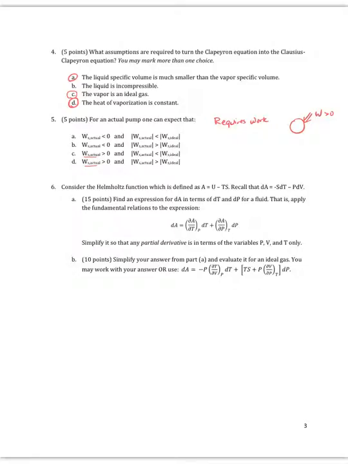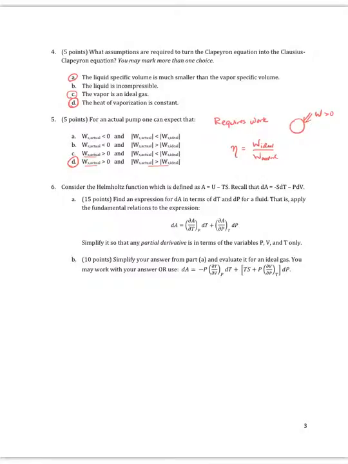Now, the second law tells us that reality is always going to be worse, right? And if I have to pay for this work to run my pump, I'm going to be paying more, so the actual amount of work will be more than this. We write this in terms of efficiencies for the process as the ideal work over the actual work to get a process efficiency that's between 0 and 1. But in this case, our answer is D.